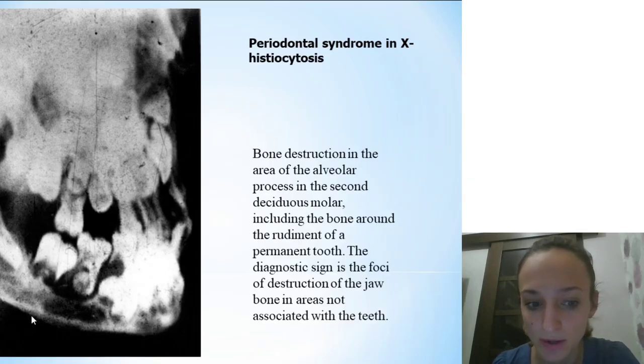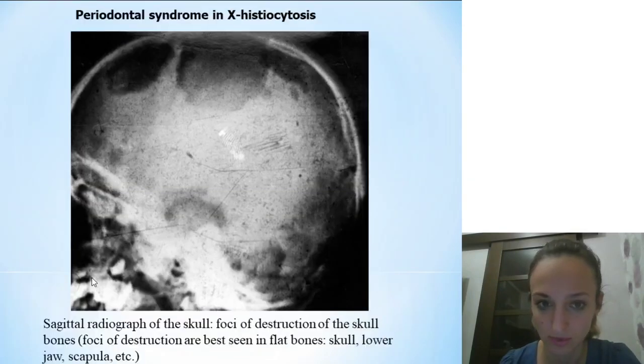Please look, a very thin layer of jaw in the second deciduous molars and the bone around the rudiment of the permanent tooth. Periodontal syndrome also, it is a sagittal X-ray of the skull.